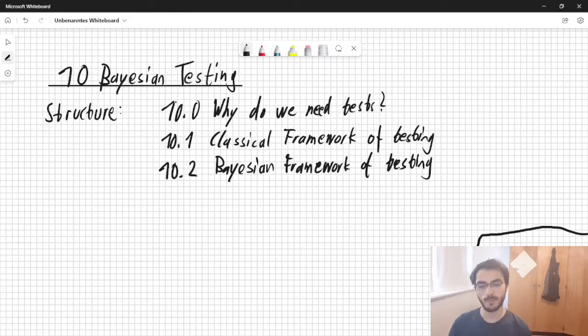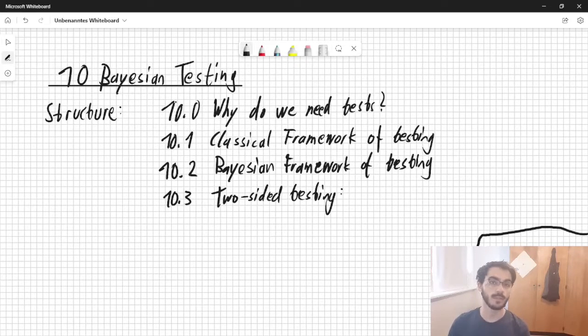Then, after I introduce both of these, I'm going to exemplify the difference on the topic of two-sided testing, partly because this is a very interesting case for Bayesian statistics, because it's apparently contradictory, and partly because at this level, this is where the classical and the Bayesian ideas most differ, and also their results differ the most.